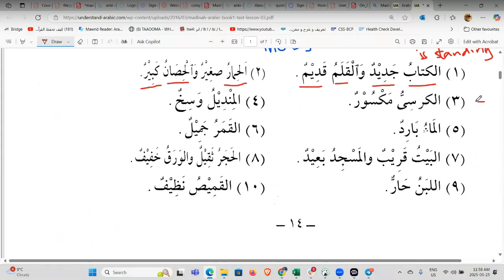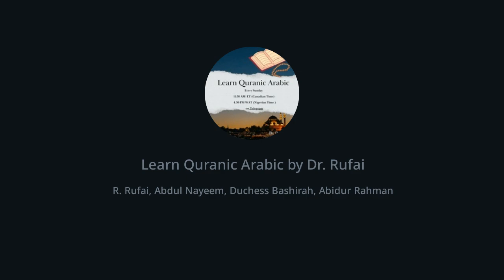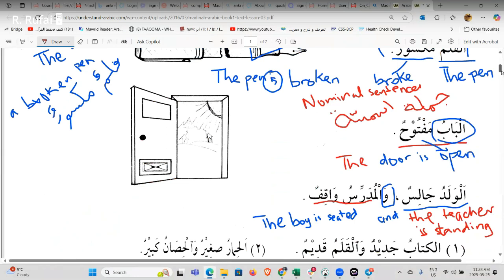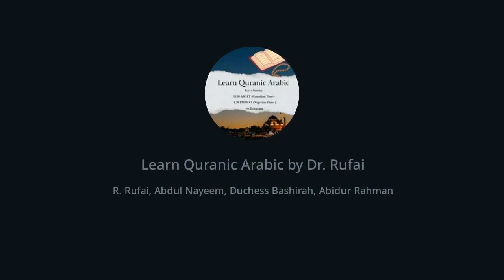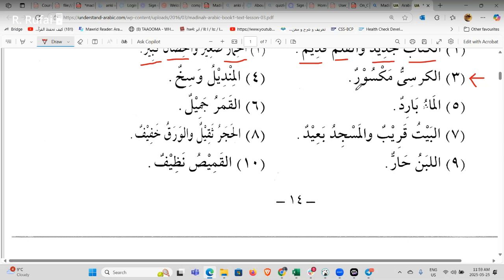Third example, al-kursiyu maksurun, the chair is broken. The same maksur that we learned earlier about the first sentence with a pen. So we're using it for the chair now. Al-kursiyu maksur, the chair is broken.